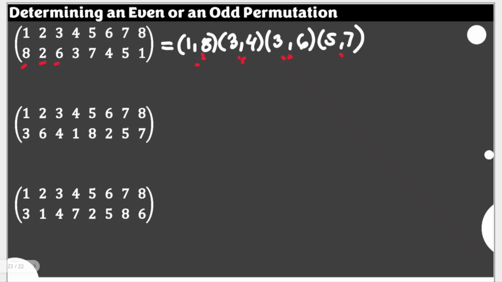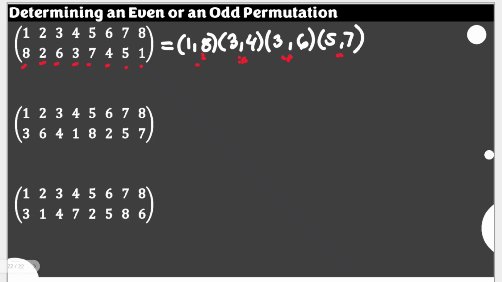For 4, 4 is mapped to 3. 5 is mapped to 7. For 6, 6 is mapped to 3, but when you go here, because you're going from right to left, 6 is mapped to 3, but 3 is mapped to 4, so 6 is mapped to 4. 7 is mapped to 5. And then, of course, again, 8 is mapped to 1. That's already correct.